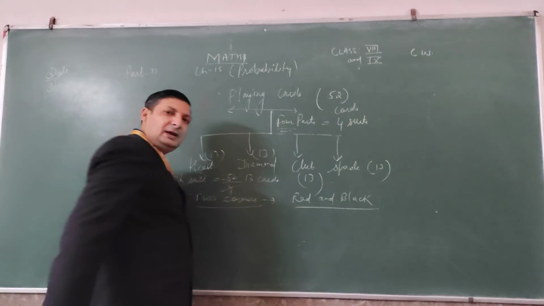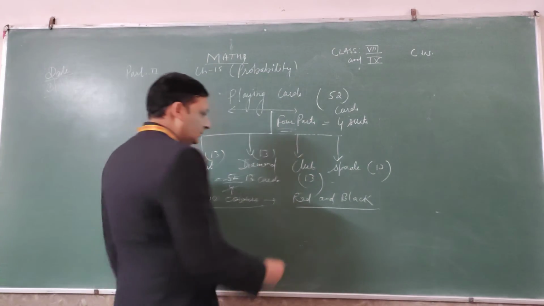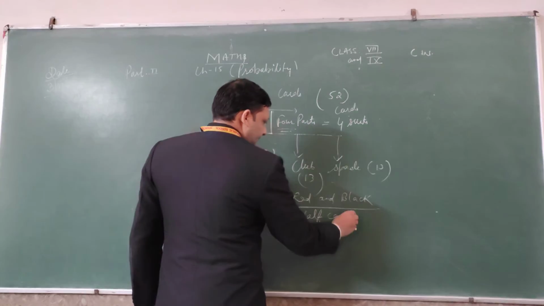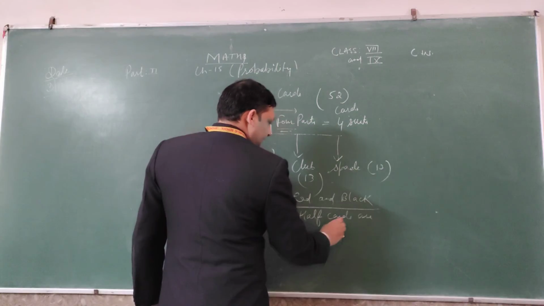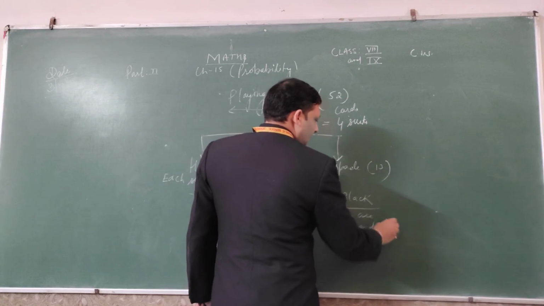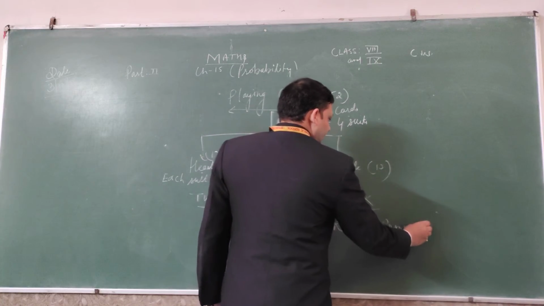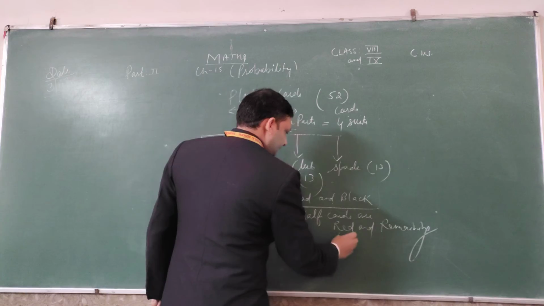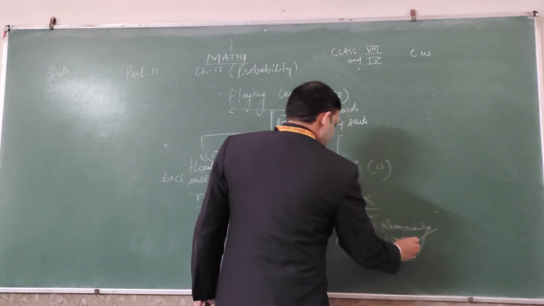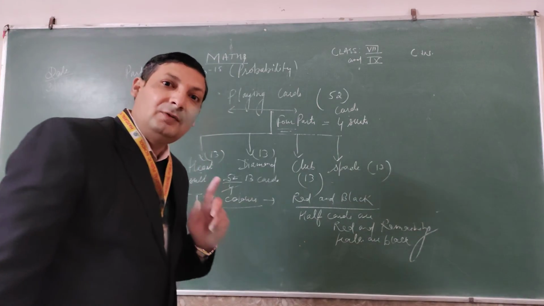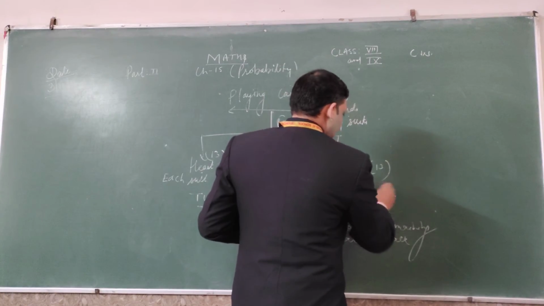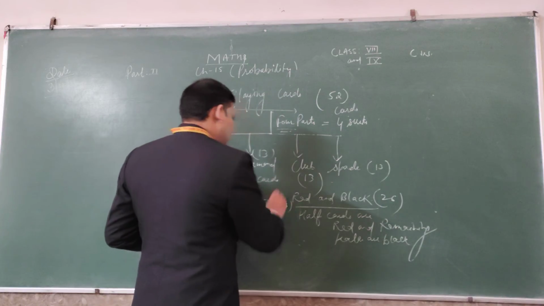Or in other words, we can say that half the cards are red and half are black. It means from 52, 26 are black and 26 are red.